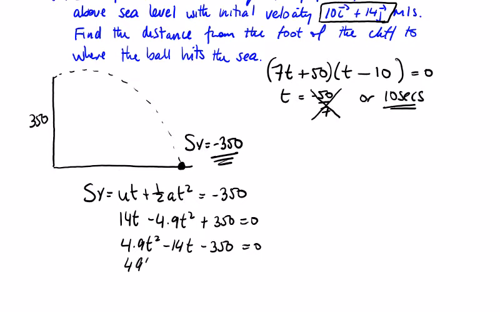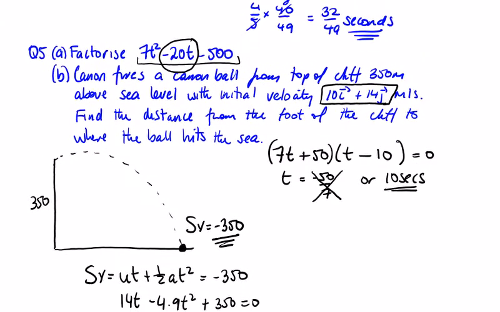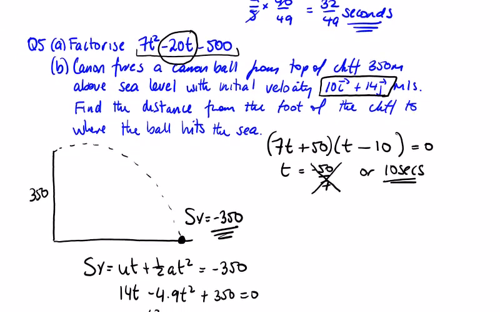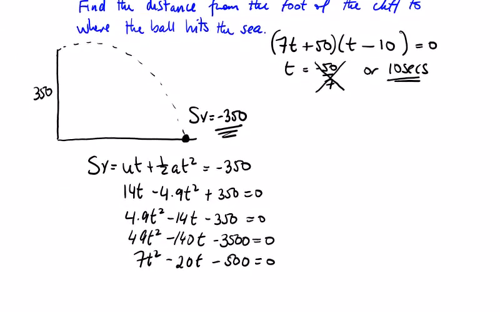Multiplying by 10, 49t squared minus 140t minus 3500 equals 0. And then I can divide by 7. This should give me the original quadratic: 7t squared minus 20t minus 500 equals 0.